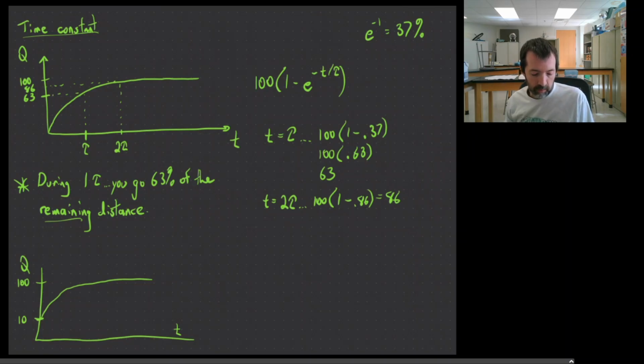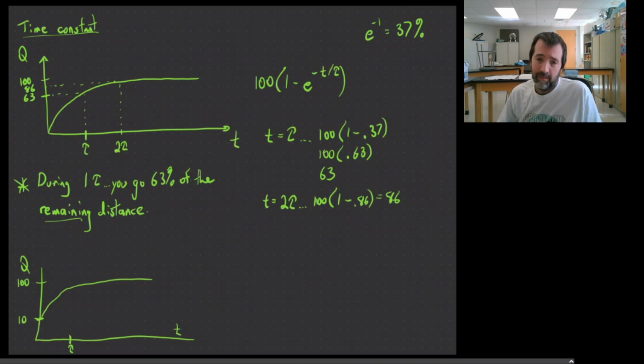In the first time constant, tau, I have to go 63% of the distance that I'm going to eventually go. So I'm going to be going a total distance of 90 from the beginning of this interval until infinity. So I would find what's 63% of 90. That's the amount that I increase by, and that's how I figure out where I end up after the one time constant.